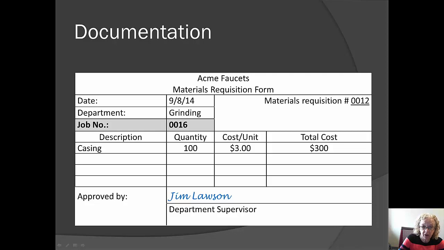The job number tells us which job this material was used for, and here we have a record of the materials that were used. Finally, we also need to have some kind of approval for the requisition. Firms have a responsibility to their shareholders to make sure that materials are not misappropriated. So generally, good internal controls require approval for all requisitions.